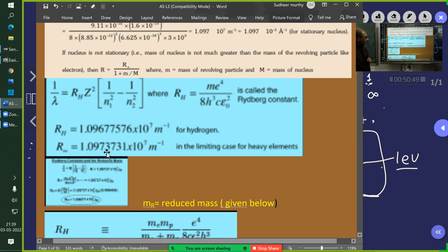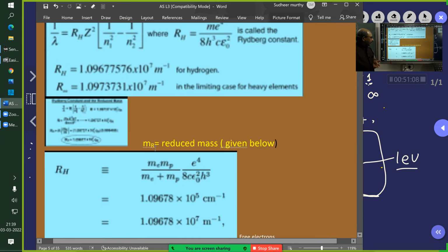This is 0.96, this is 0.97. So RH is the Rydberg constant for the hydrogen atom, and R infinity is the limiting case for heavy elements. That is, other than the hydrogen atom, the Rydberg constant is this. And MR stands for what?